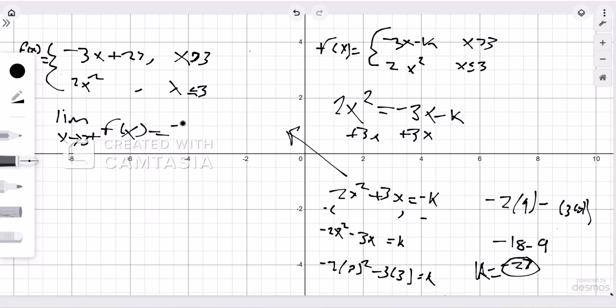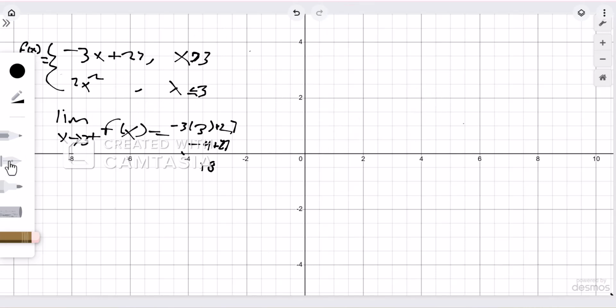So negative 3 times 3 plus 27 is negative 9 plus 27, and this will equal 18. You could use a calculator to determine that. And we're going to erase this side over here because we already explained it.